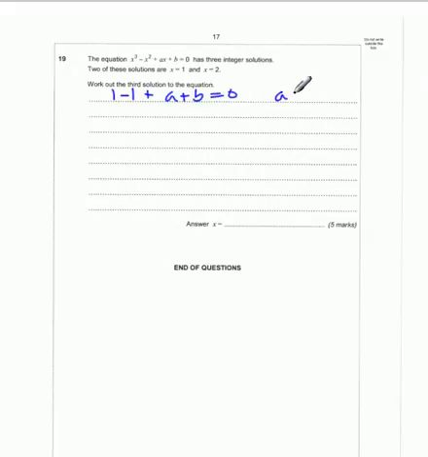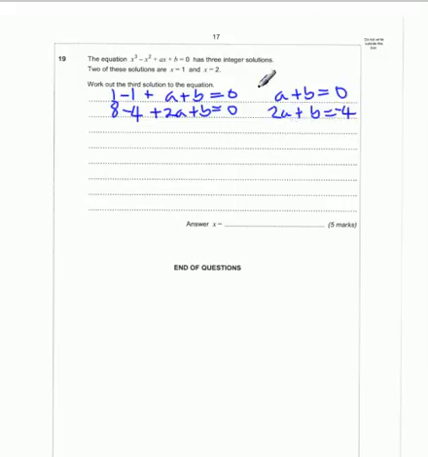Simplifying that down gives us a plus b equals 0. Subbing in 2 is going to give us 8, which is 2 cubed, then minus 4, 2 squared, plus 2a plus b equals 0. Simplifying that is going to give us 2a plus b equals minus 4.